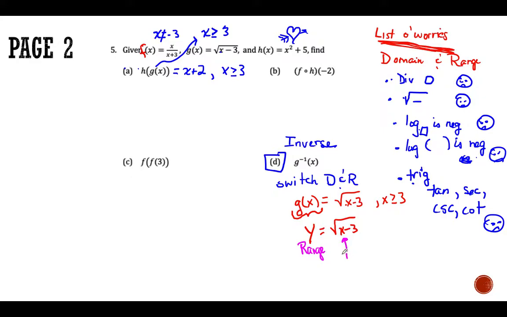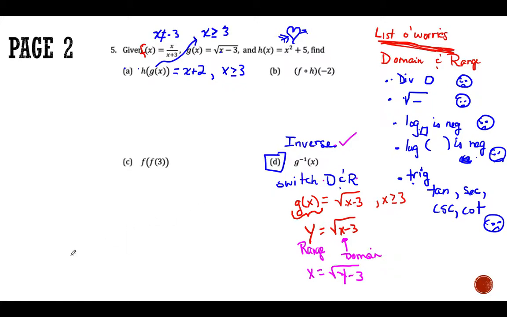X is what you're choosing. That's your domain. So I want to switch the domain and range. That's what the inverse is asking me to do. In place of the range, put the domain. In place of the domain, put the range. You've done the inverse.